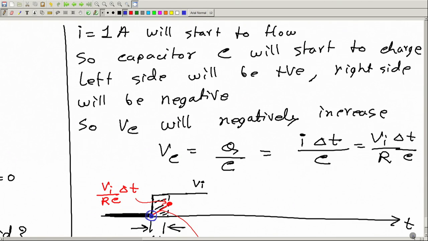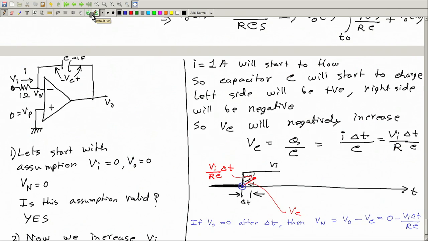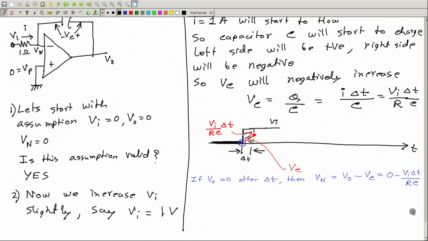I have made a small mistake. I should have a minus sign. I have missed a minus sign here, because this voltage will be negative, since the left side is going to be positive but I'm taking the right side as my positive reference.